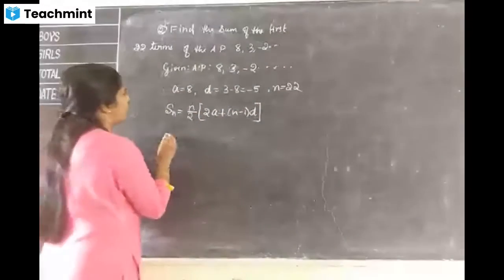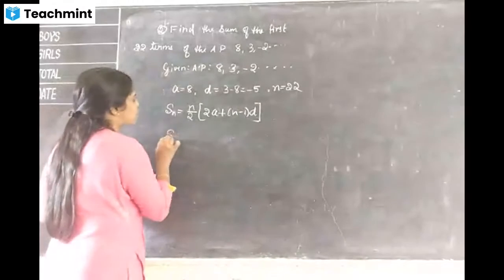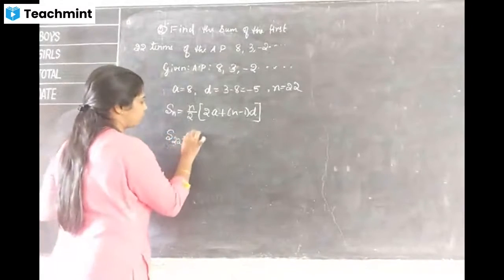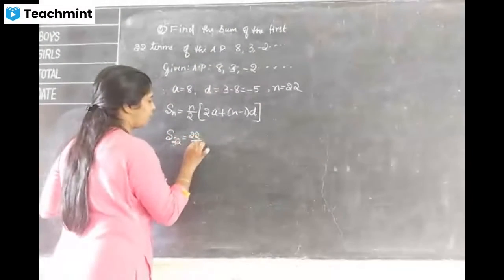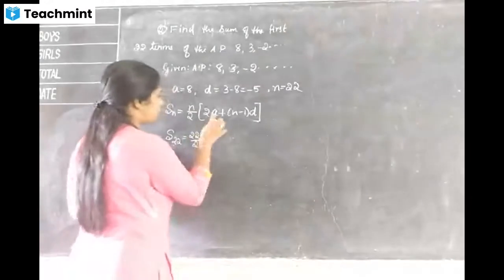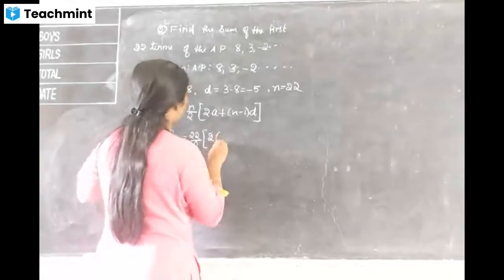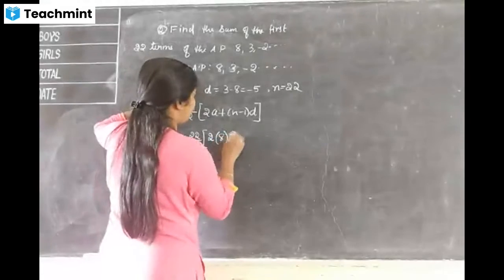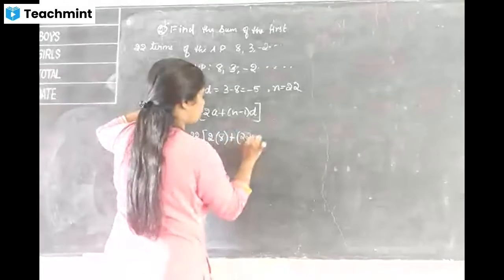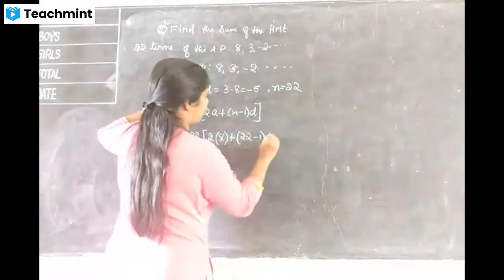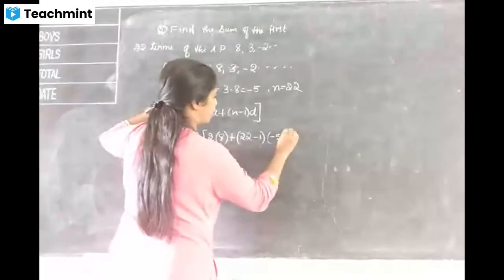Now, s22 is equal to 22 divided by 2, into 2a, 2 into a value, which is 8, plus n minus 1, 22 minus 1, d value is minus 5.